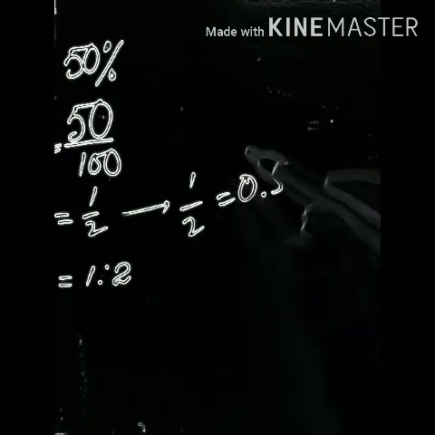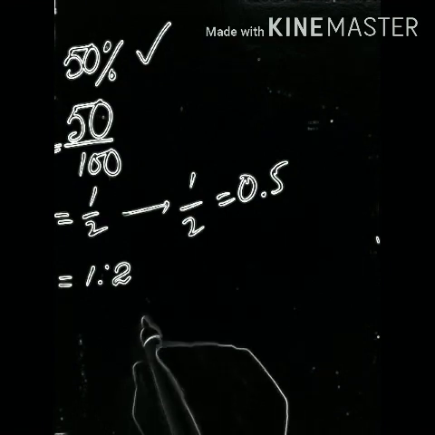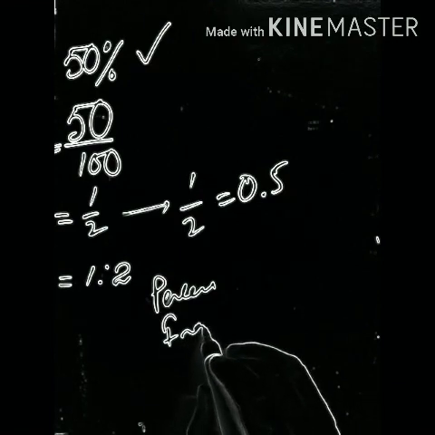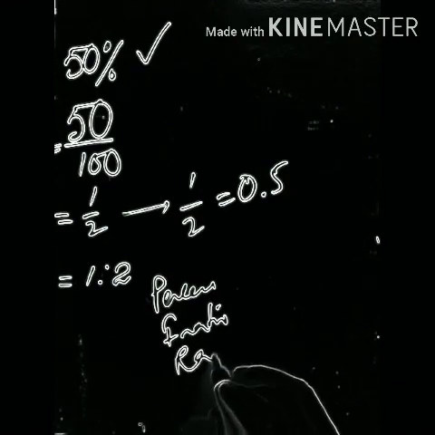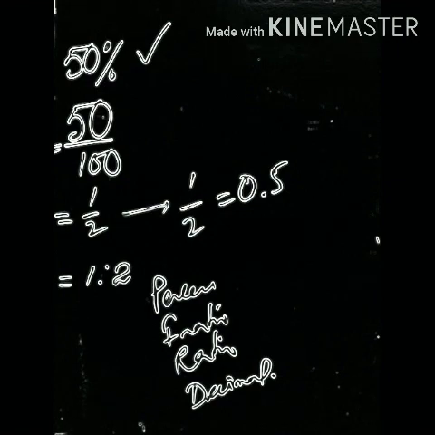All this comes from the first 50%. So what we understand here is percentage, fraction, ratio, and decimal. These all are interconvertible.